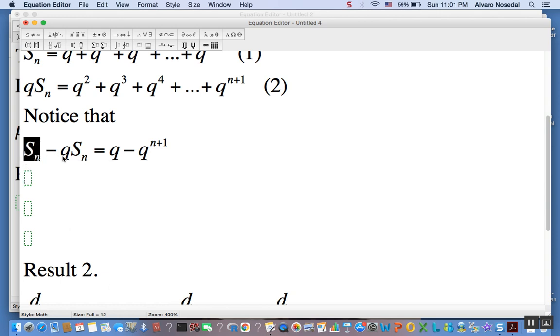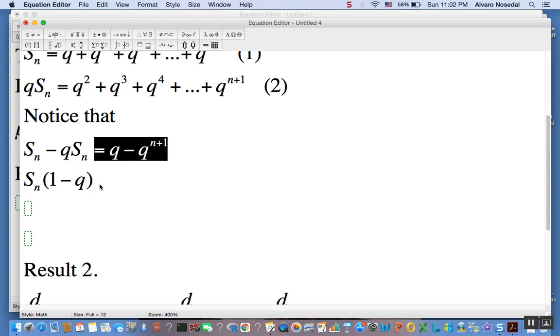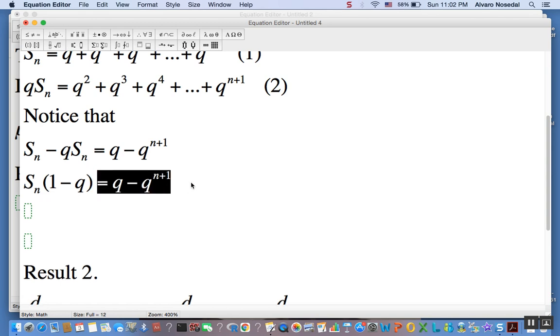Now let's just factor out Sn. So the left hand side is equivalent to Sn times 1 minus q. That equals q minus q to the n plus 1 power.